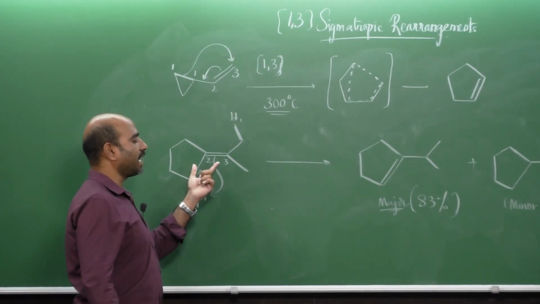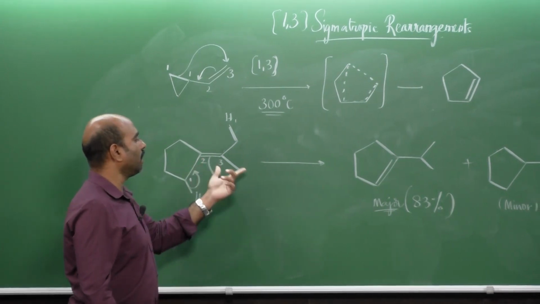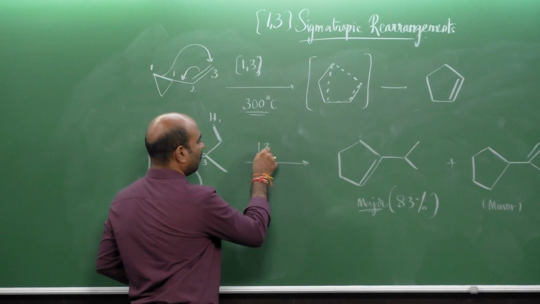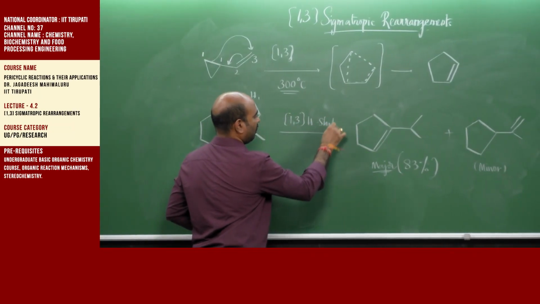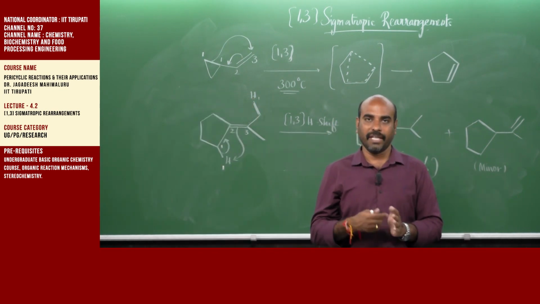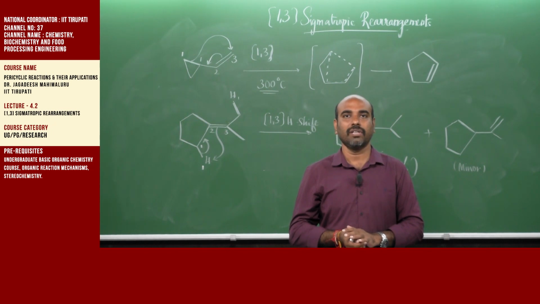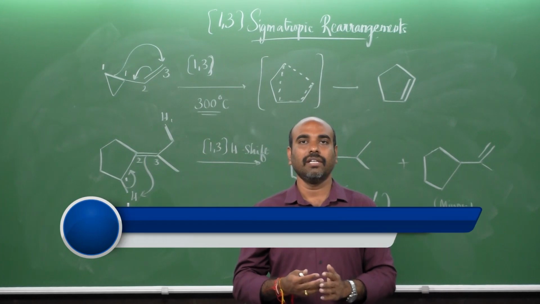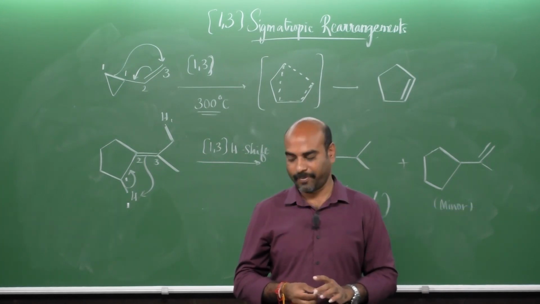So if you see the exocyclic unsaturated systems, the 1,3 hydrogen shift will give you this product. You can refer to many other books and browse, and you can see a number of 1,3 sigmatropic shift examples. Please work it out. Okay. So in the next class, we'll try to see the 1,5 sigmatropic rearrangement reactions. Thank you.